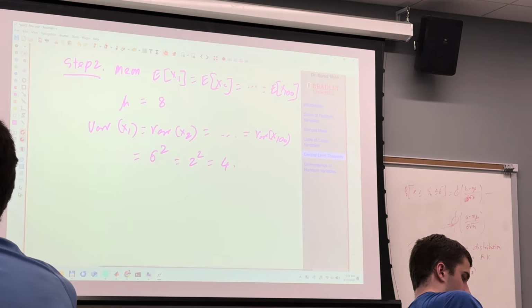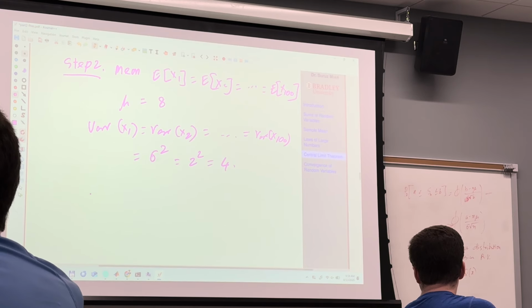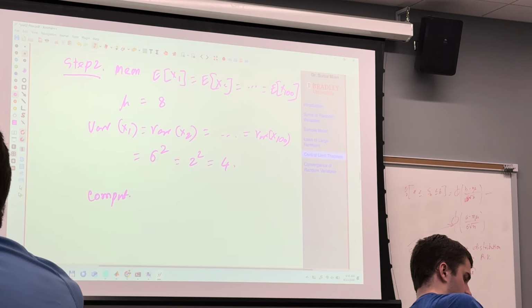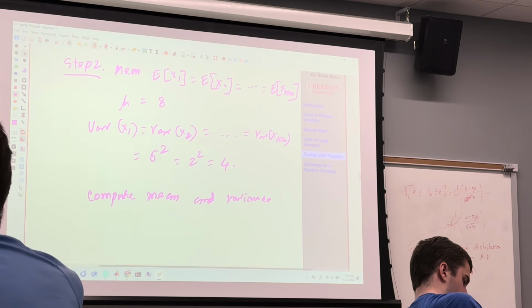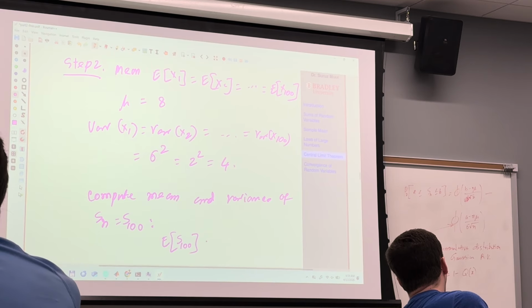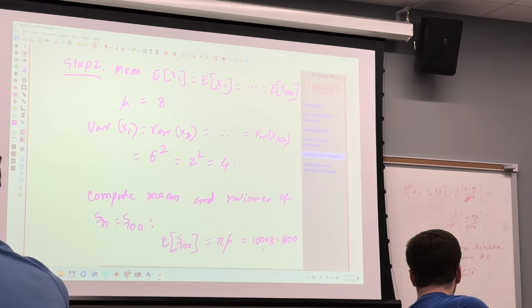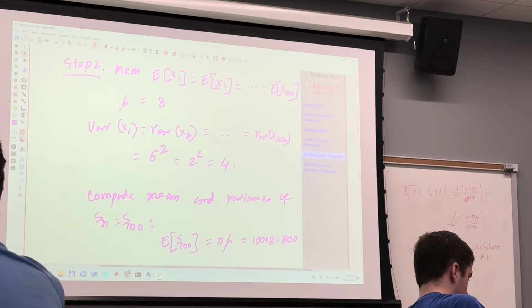Now compute the mean and variance of S. The expectation of S100 is n mu, where n equals 100 and mu equals 8, which equals 800. So the summation has a mean of 800.